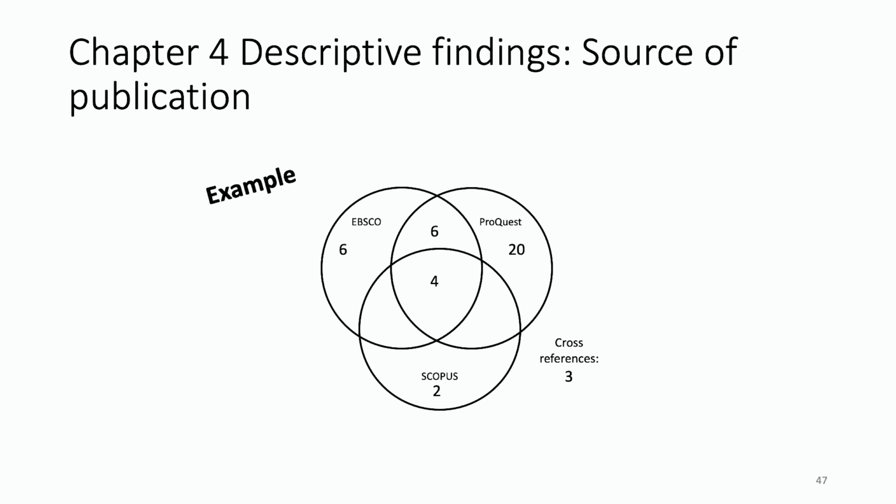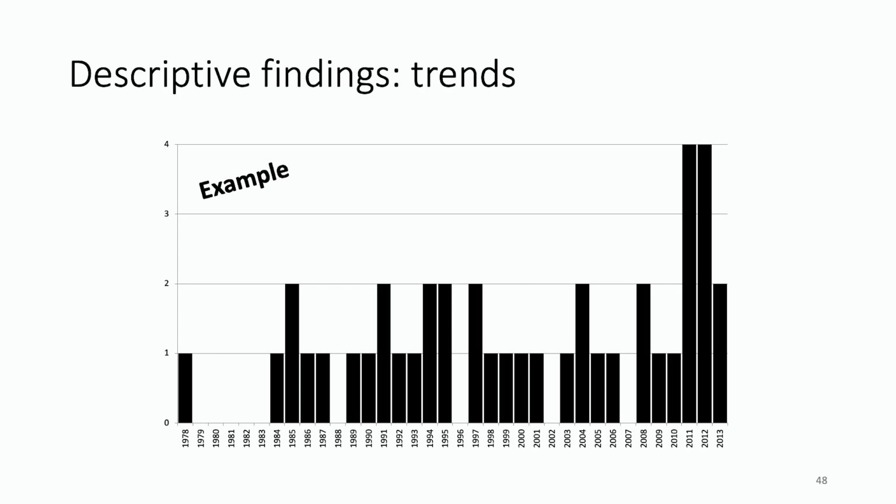The descriptive findings, for example, include source of publication, whether it came from EBSCO, repository, ProQuest, or Scopus in my case. Your case will look different, but this is how mine looked. Then publications per year, what is the evolution? And then you can show the reader what the first publication was and what the latest is.